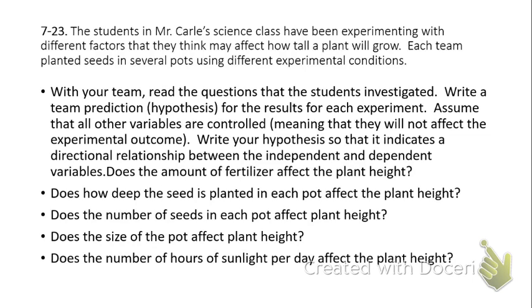With your team, read the questions that the students investigated. Write a team prediction, hypothesis for the results of each experiment. Assume that all the other variables are controlled, meaning that they will not affect the experimental outcome. Write your hypothesis so that it indicates a directional relationship between the independent and dependent variables.